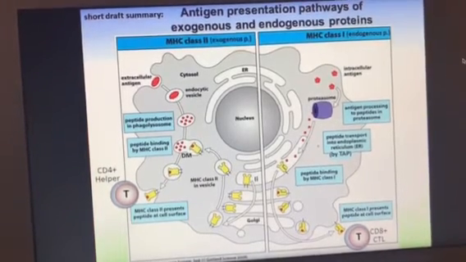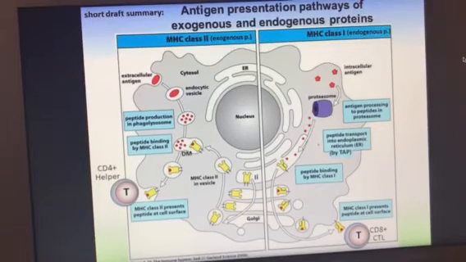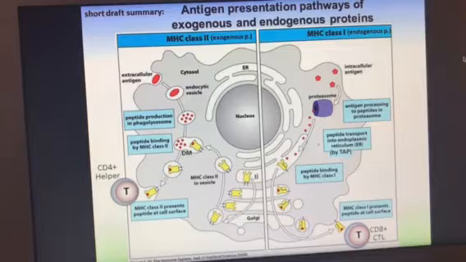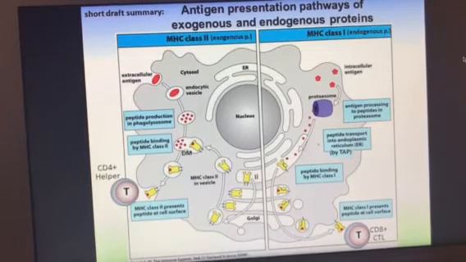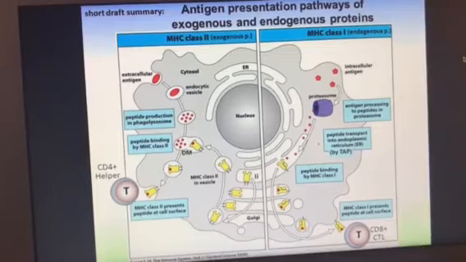They can also enter the body through environmental substances such as dust mites, or around springtime when the pollen is in the air. So you inhale that pollen, so that goes into inhalation. And they can also enter the body through ingestion or injection.